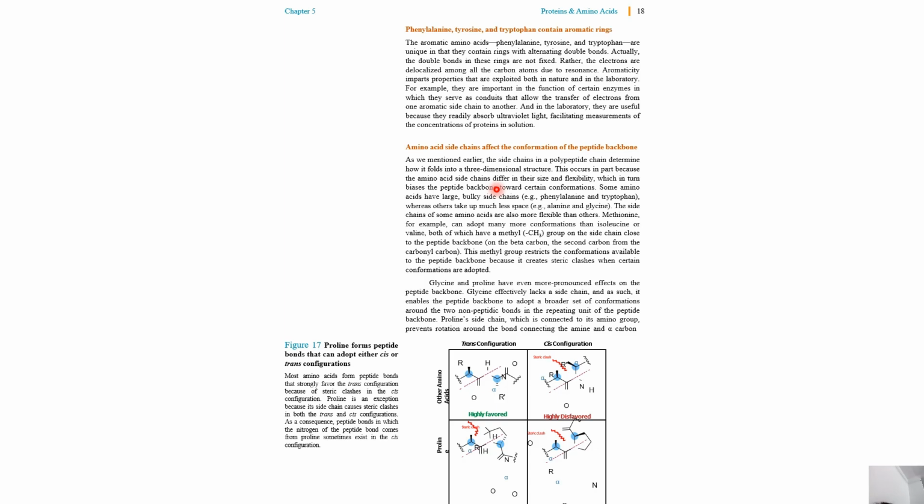Some amino acids have large, bulky side chains like phenylalanine and tryptophan, whereas others take up much less space like alanine and glycine.